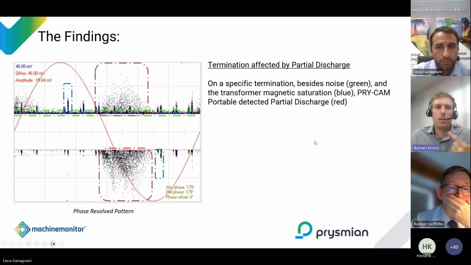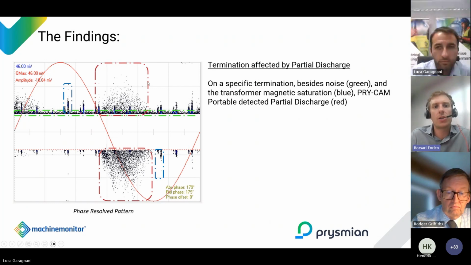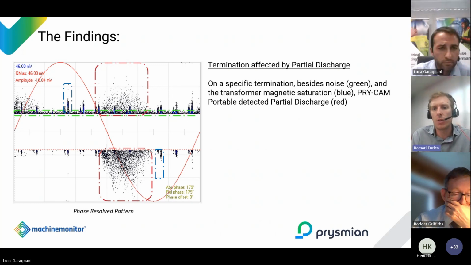On the next slide, we'll show what was found on one out of the 12 terminations. And this is the one in red. There's a cluster in red, and the cluster in red is representing a potential partial discharge. At that time, we had to do some study on it, but today we can tell you that this was a clear partial discharge.